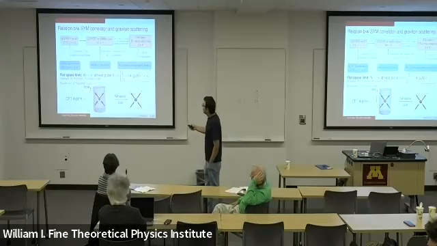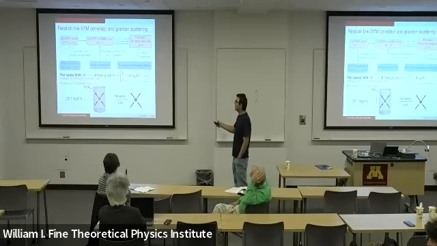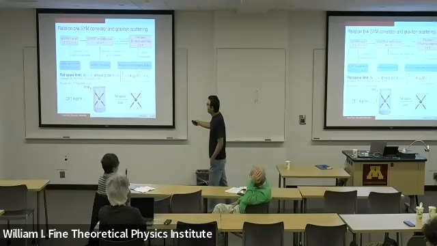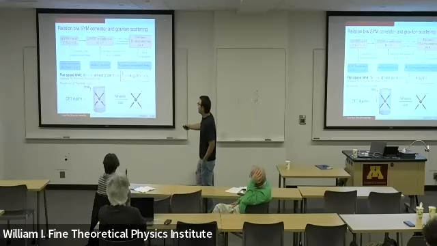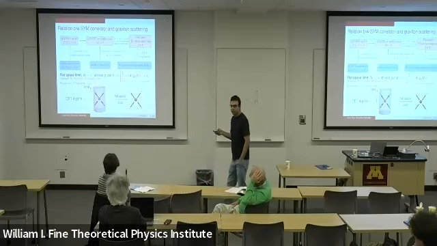There's a precise limit where we take the radius of AdS to infinity. If we take the radius of AdS to infinity, it's as if we're taking N to infinity. So as we take N to infinity, we obtain from this correlation function the flat space scattering.